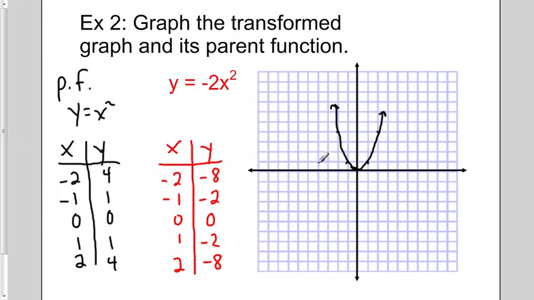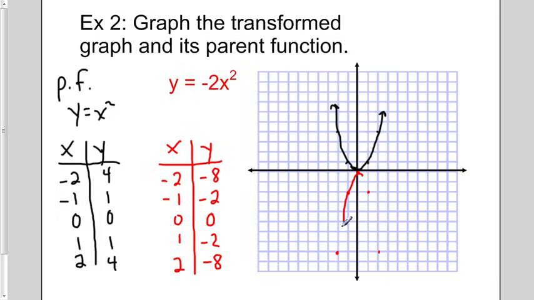So let's graph this new function. It's going to be -2, -8. It's going to be -1, -2. It's going to be 0, 0. 1, -2. And 2, -8. So we've got our table set up.